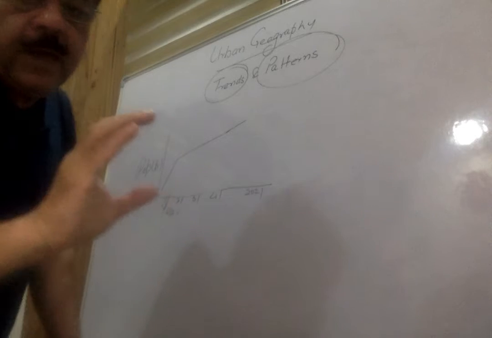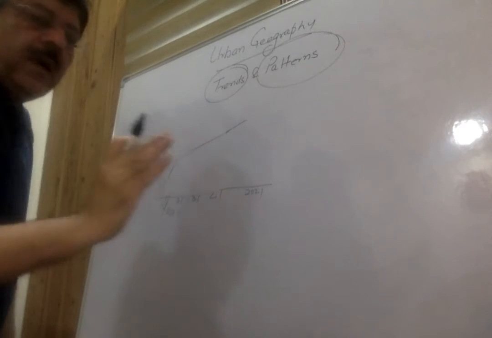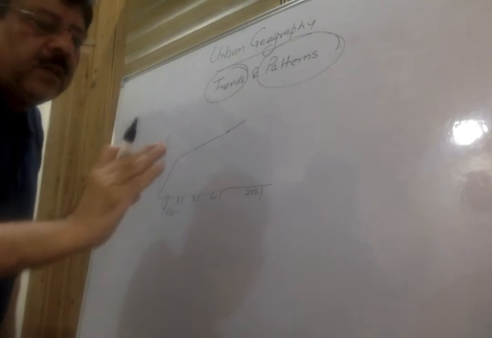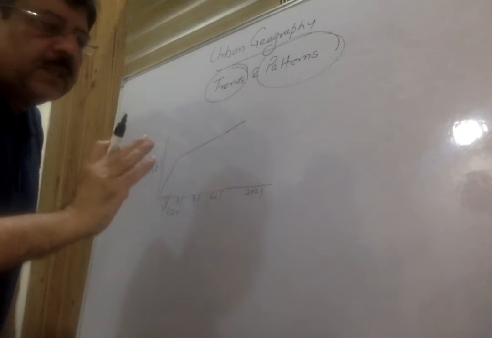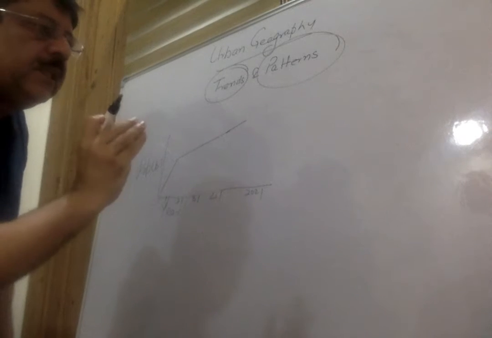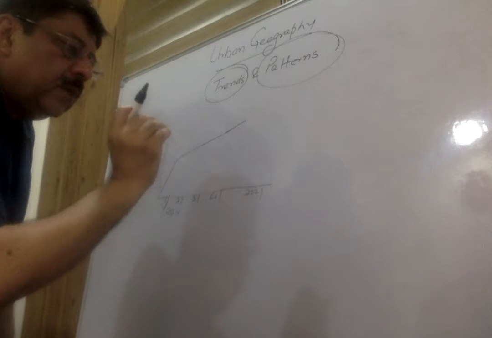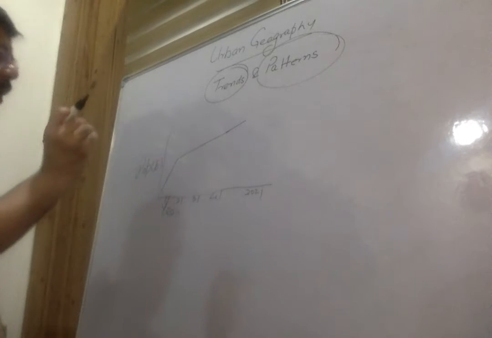Trend is Rujhan, the Urdu word for it. You must have heard this term in election analysis. The trend is where the results are going, so we can predict.